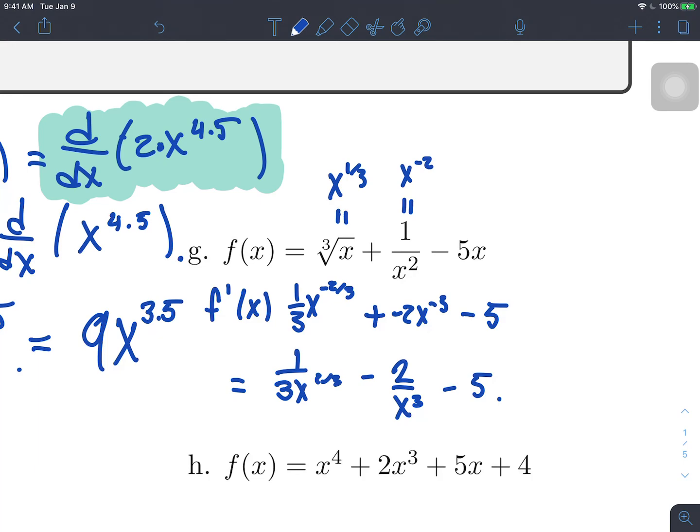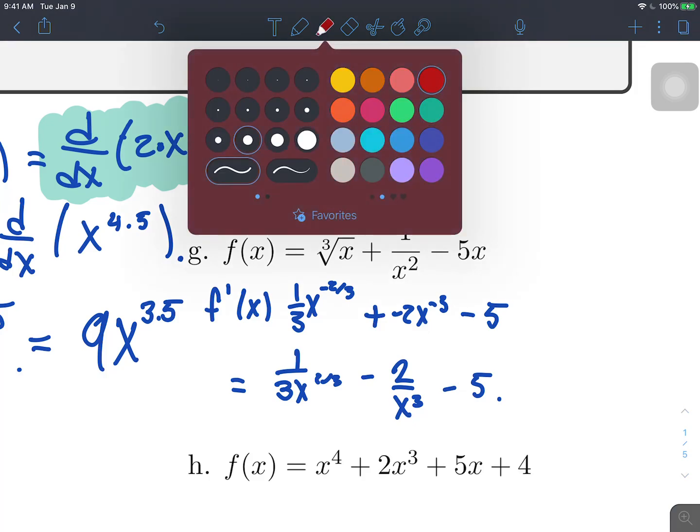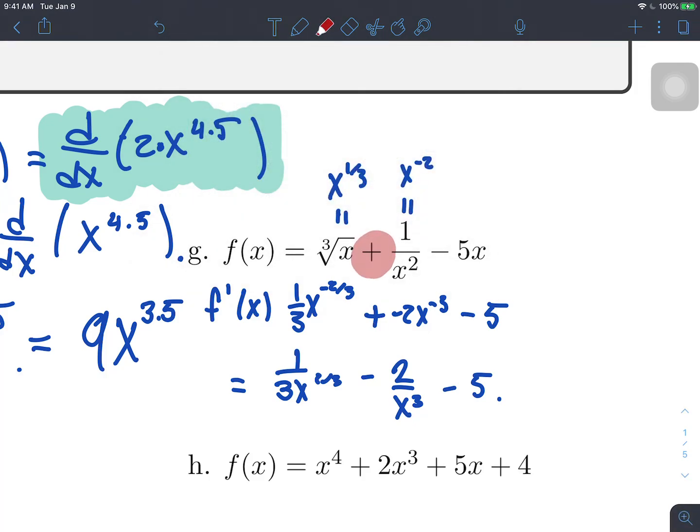So it turned out, when we traced through, this original plus sign did wind up becoming a minus sign, but that's just because the derivative of this positive function, 1 over x squared, had an extra negative pop out when we used the power rule. So we got our negative 2 there, multiplied. If we add a negative number times something, it's the same as subtracting that number times that something.